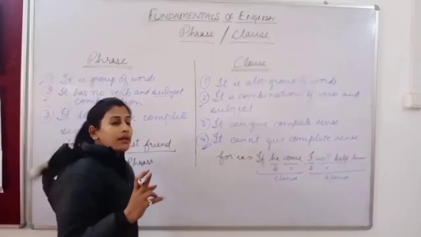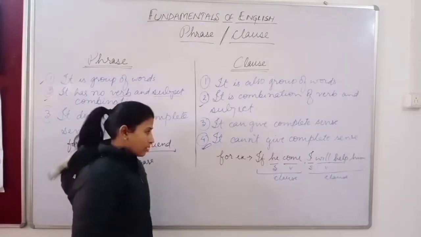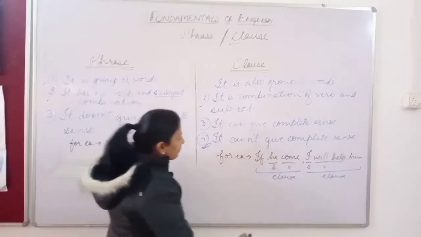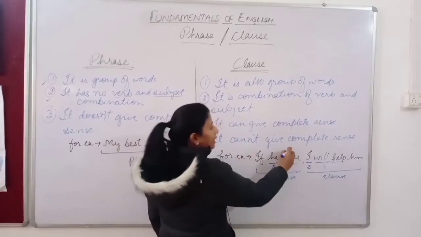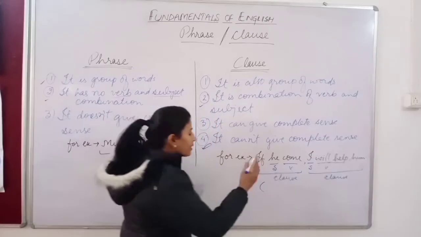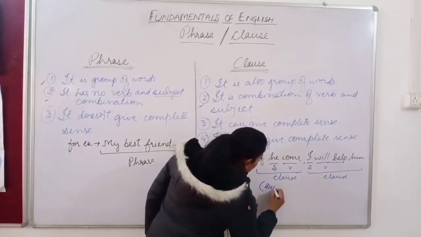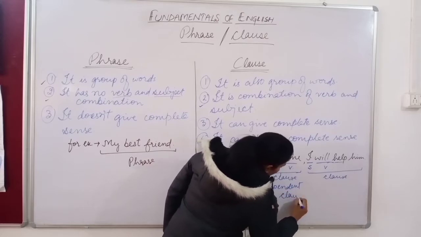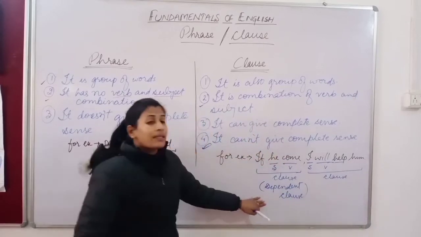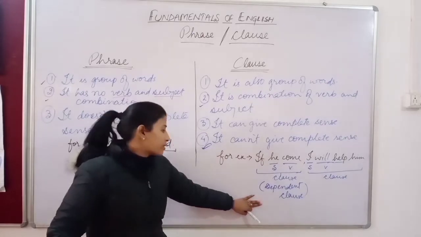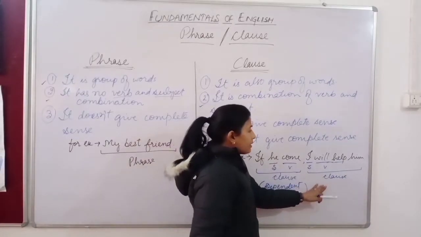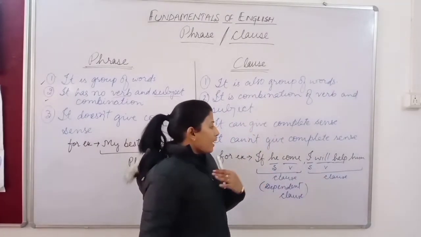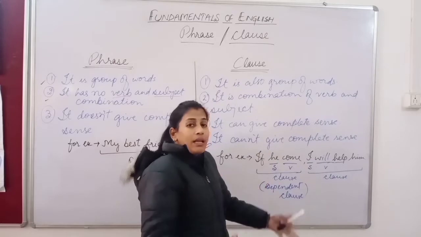So there are two types of clauses, based on subject and verb. First, the one which can't give us a complete sense is a dependent clause. It needs the help of another clause. And in I will help him, it conveys the meaning that I will help him.